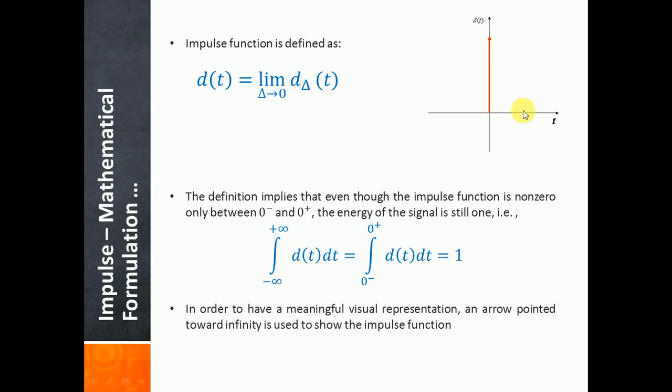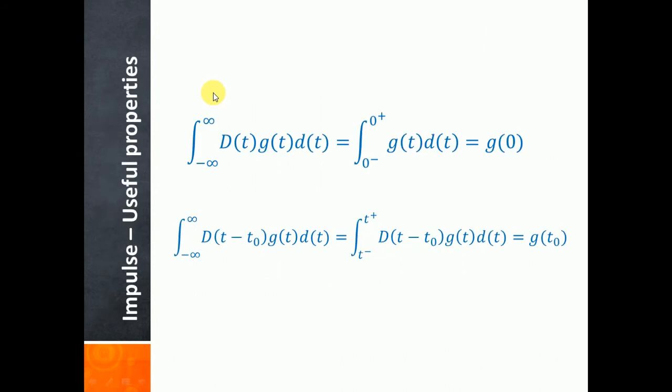We represent the impulse signal by delta of t. Now, an extremely useful property: if you multiply a signal g(t) by the impulse and integrate, what you get is the amplitude of that signal at instant 0.